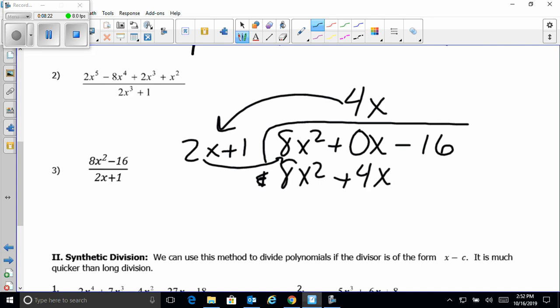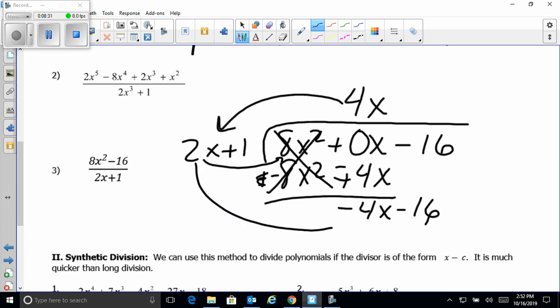I'm going to subtract these. Subtract. Cancels here. Negative 4x minus 16. Now again, how many times does 2x go into negative 4x? And it goes into negative 2 times. So that is negative 4x minus 2. And I'm going to subtract them, which makes that become a plus.